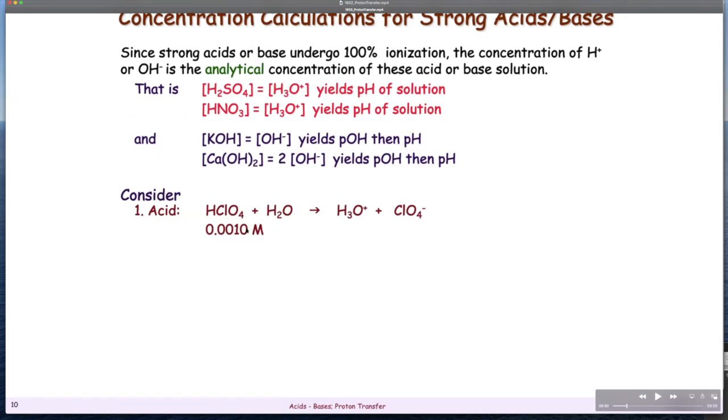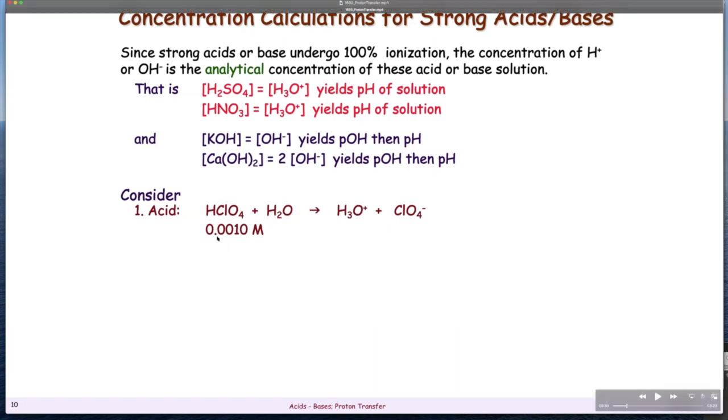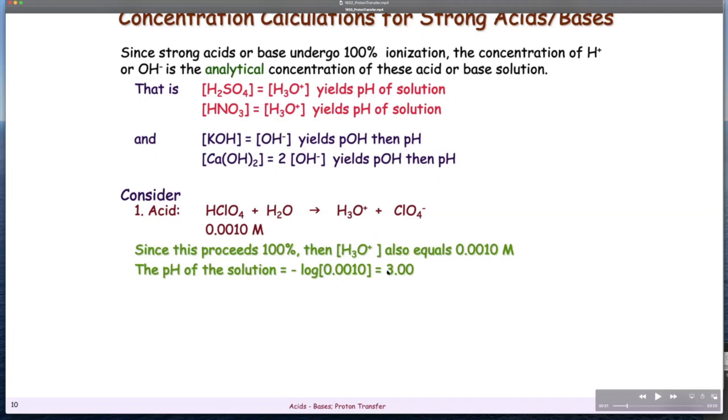And if we have a chemical like perchloric acid, which was one of the chemicals we listed as a strong acid, if we have 0.001 molar perchloric acid, and I ask you to tell me the concentration of the hydronium, well, because it's 100% of the time, the hydronium will also be 0.001 molar, because this thing converts to product 100% of the time.